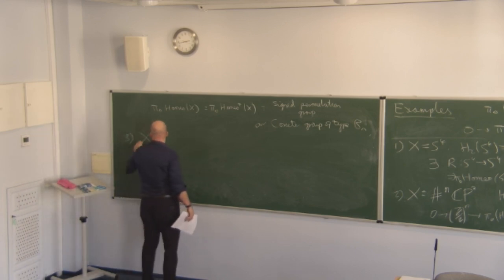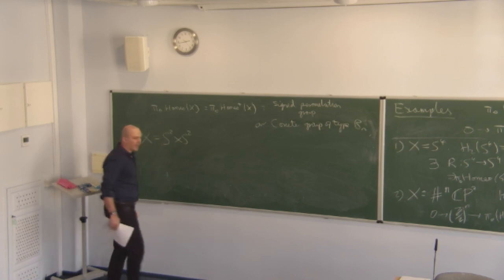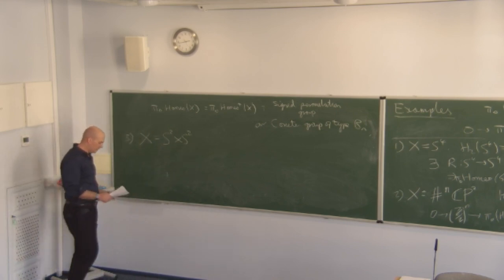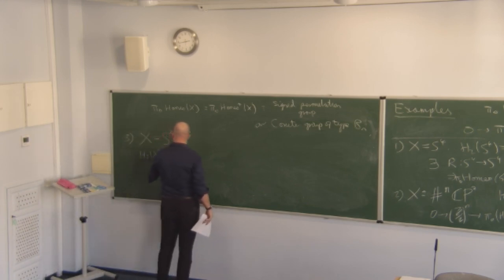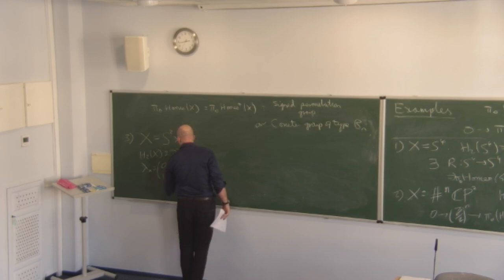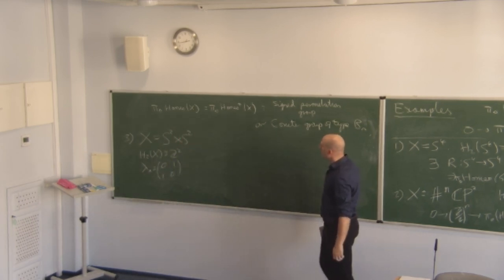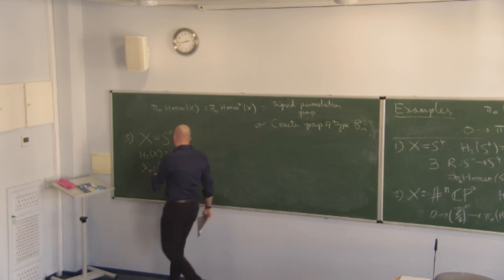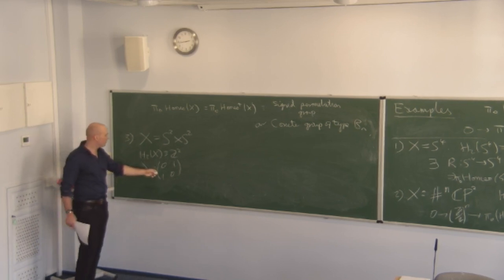What about another example? If I take X to be the product of two 2-spheres, then H2 of X is Z squared, and the form is represented by the hyperbolic form, like that. You can just try and find all possible 2x2 matrices that preserve this thing.